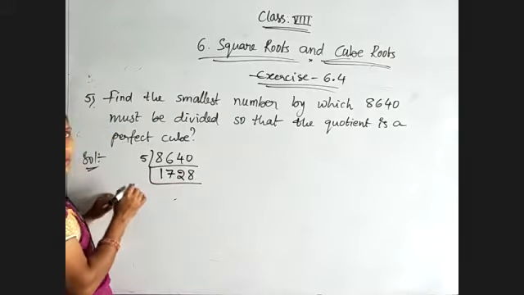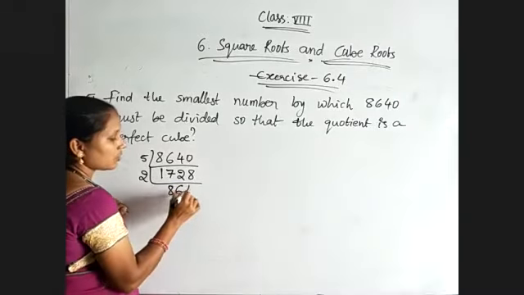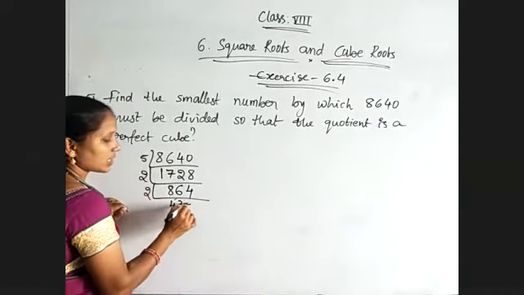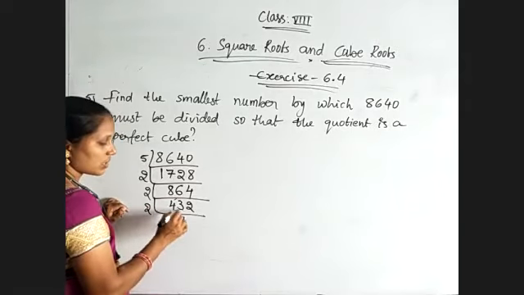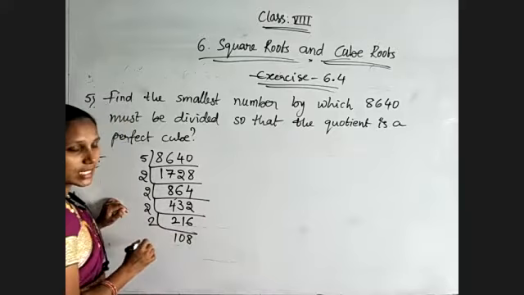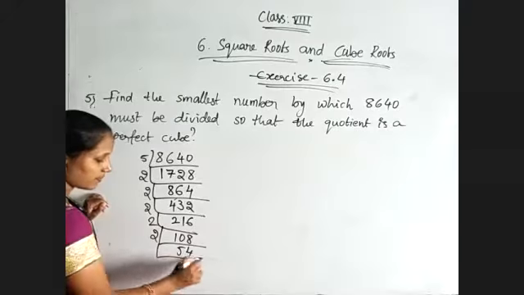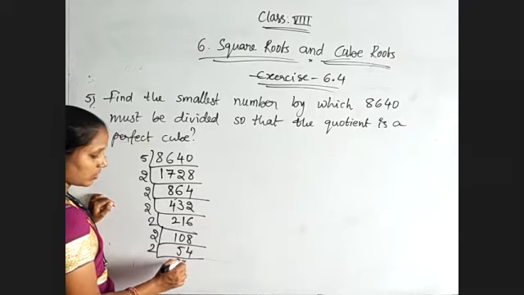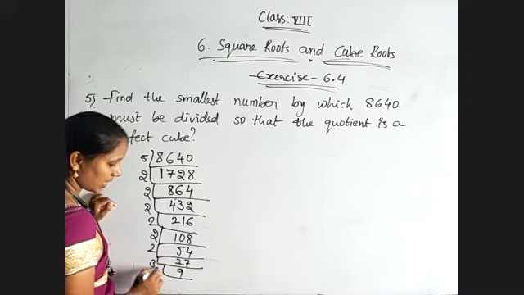Now 8 is there, so with the 2 table I will do. 2 eights are 16, 2 sixes are 12, 2 fours are 8, 2 threes are 6, 2 twos are 4, 2 ones are 2. 2 fives are 10, 2 sevens are 14. So 27 we got, 3 nines are 27, 3 threes are 9.